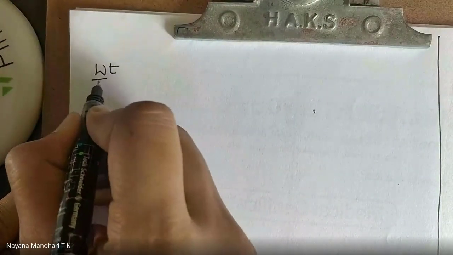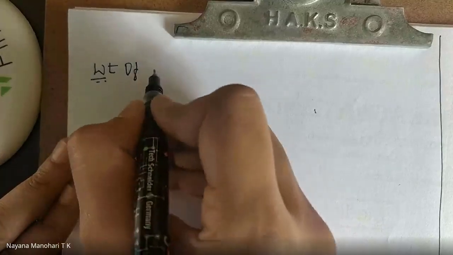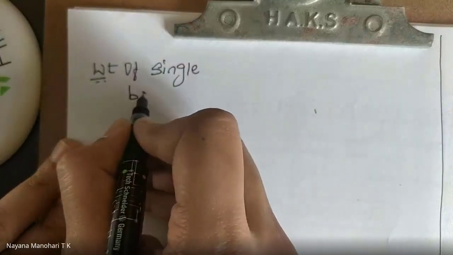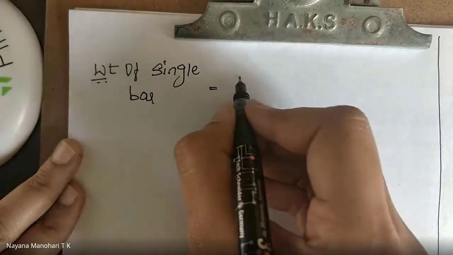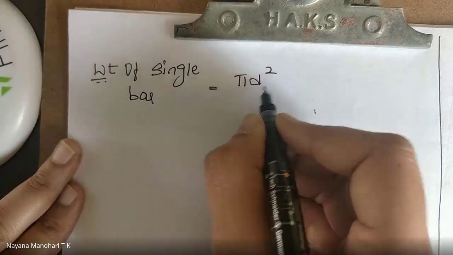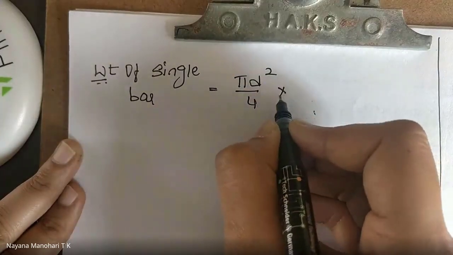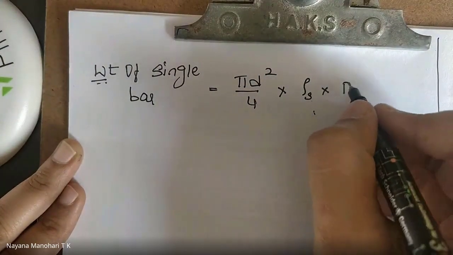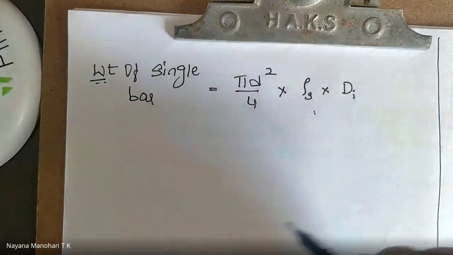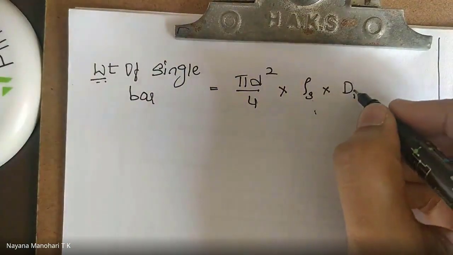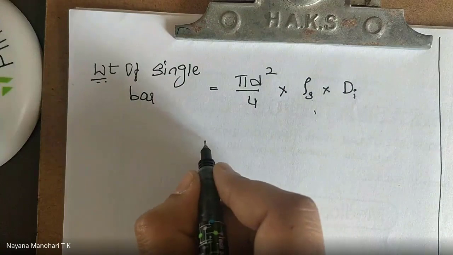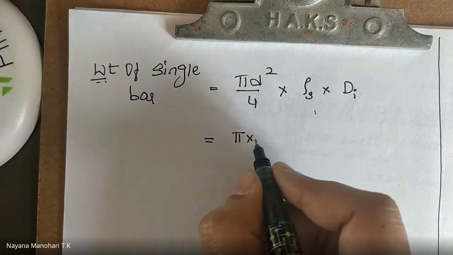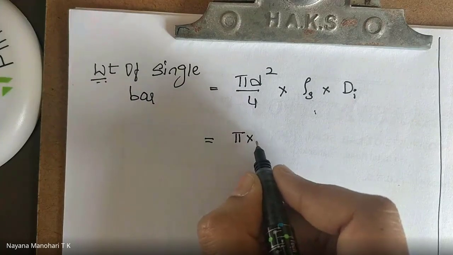That is the weight of a single bar. It will be equal to pi d square divided by 4 into density of the steel multiplied by internal dia. That is pi into the dia you have assumed, 6 mm as the main bar.